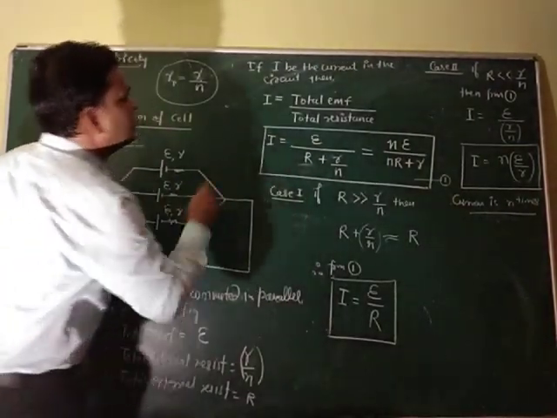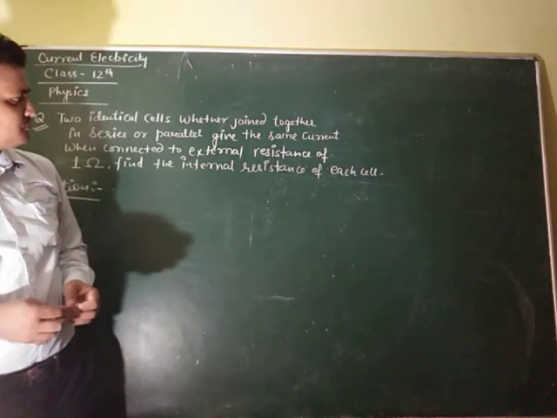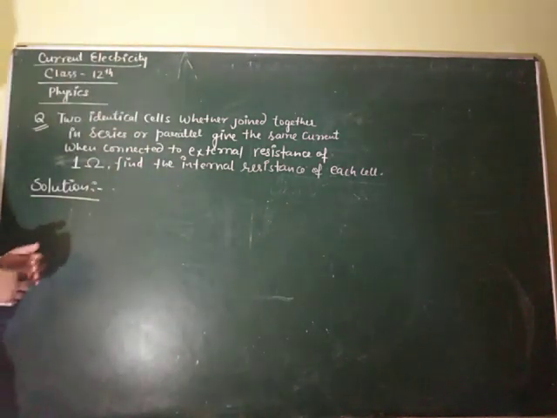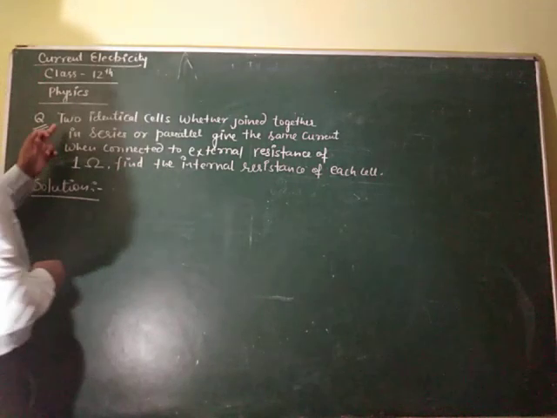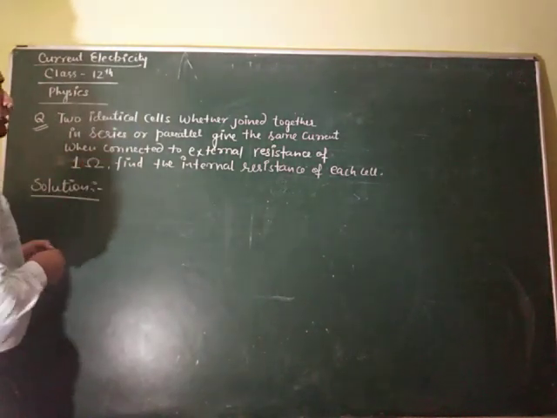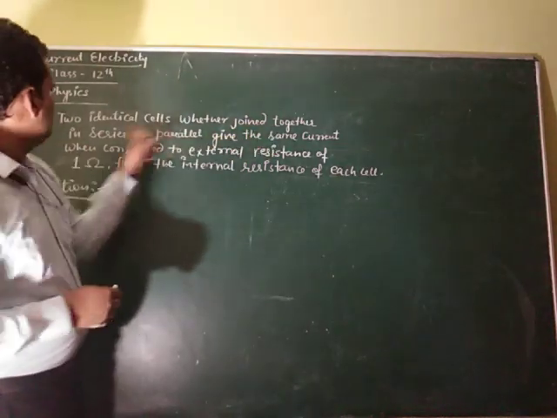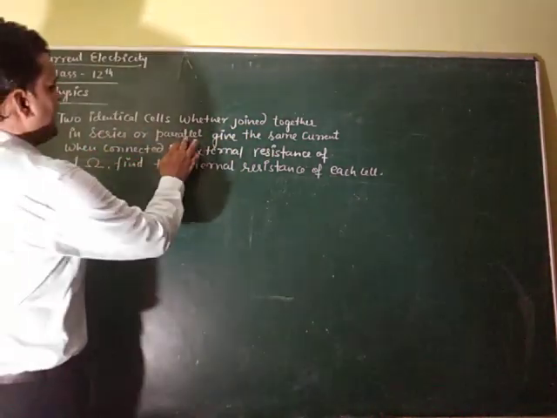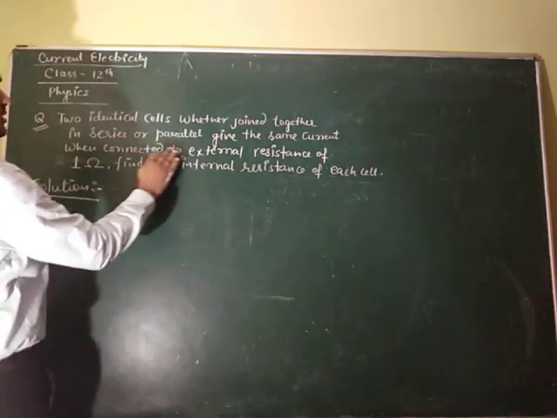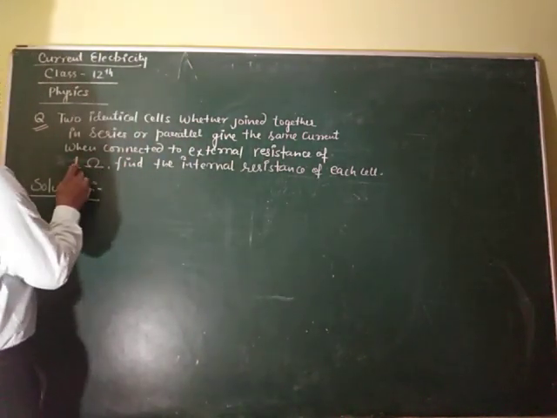You can note it. Okay, now we'll discuss one numerical based on the topic we have studied today. Here it is given two identical cells, whether joined together in series or parallel, give the same current when connected to an external resistance of 1 ohm.